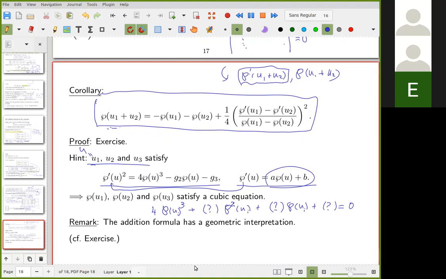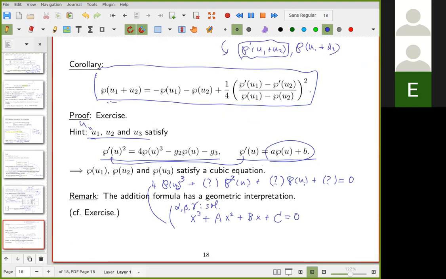If such a cubic equation has a set of solutions, alpha, beta, gamma, then we know that this coefficient is the sum, right?